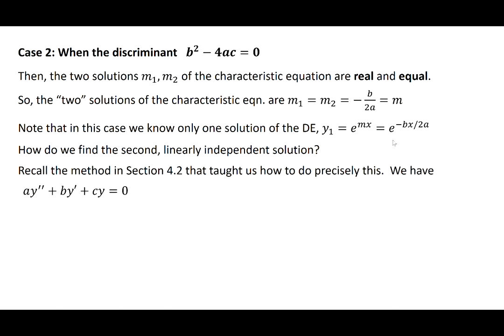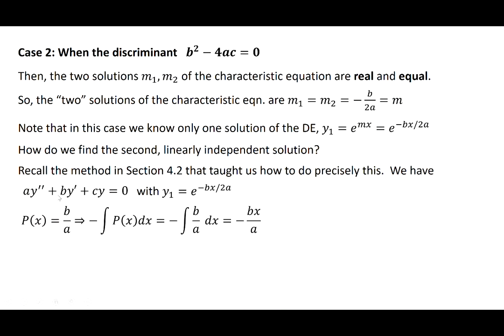Here we have the differential equation and one known solution. Dividing throughout by the coefficient of y double prime, p of x is b over a. We need to find negative integral of p of x dx, and that turns out to be this. And what's the next step? E raised to negative integral of p of x dx, divided by the first solution squared, and lo and behold, this turns out to be just 1.